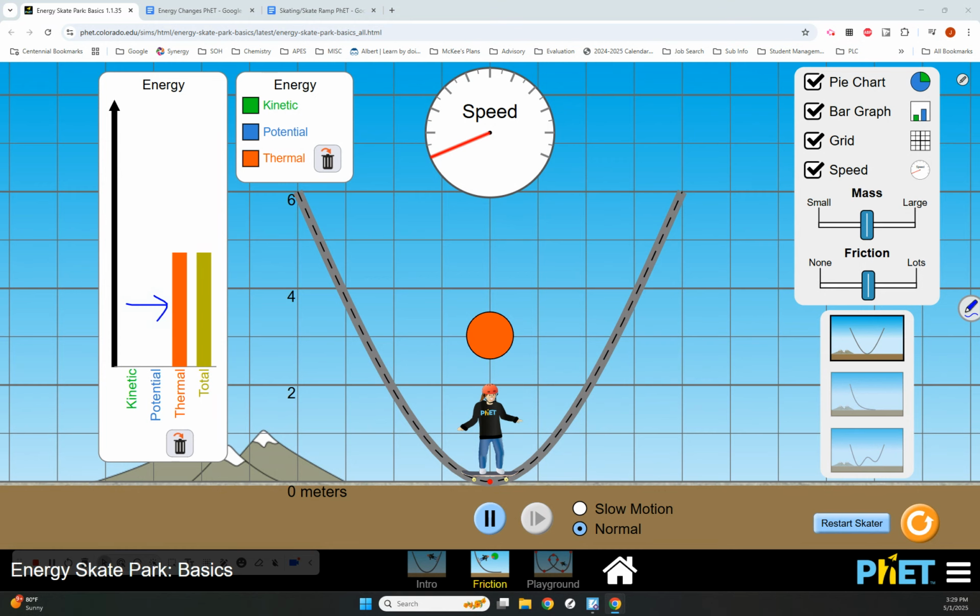So where did the thermal energy go? Well, because of friction, that's the rubbing between the wheels and the ramp, a lot of that energy went from the skateboard into the ramp and actually heated the ramp up a little bit, kind of imperceptible. Although if you felt the ramp, you might feel just a slight elevated temperature there. Some of the energy was lost as friction in the air as the skater moved through the air.